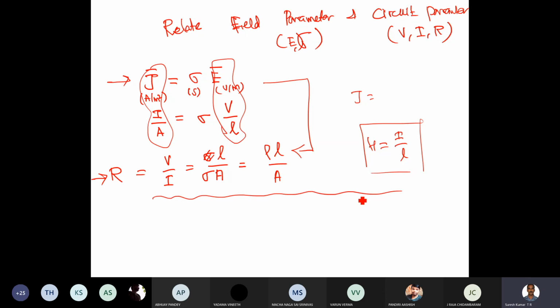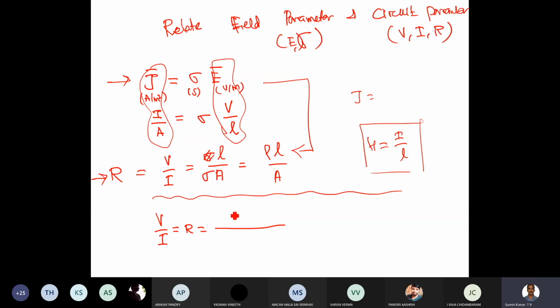Even further, if you take this equation, V by I, voltage by current, which is equal to R. From the field, we got the circuit quantities. Now from the circuit quantities, or the circuit theory approach, we are going to move to the field.